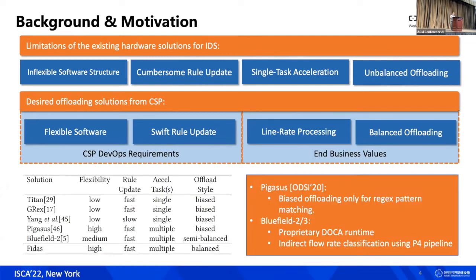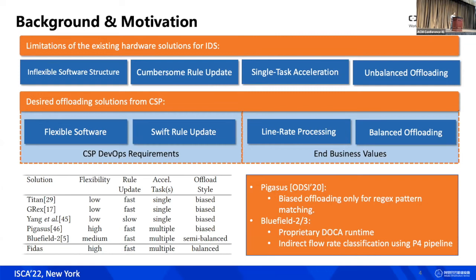So this table shows some representative solutions and how they stand according to these four dimensions. Now, I would like to highlight two of them. One is Pigasus from ISCA'22. Their solution can be considered state of the art, but it is really biased, offloading only regex pattern matching.